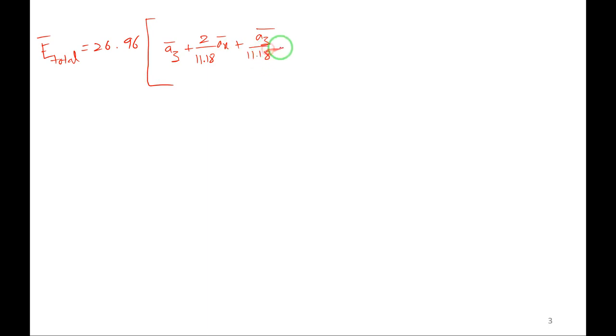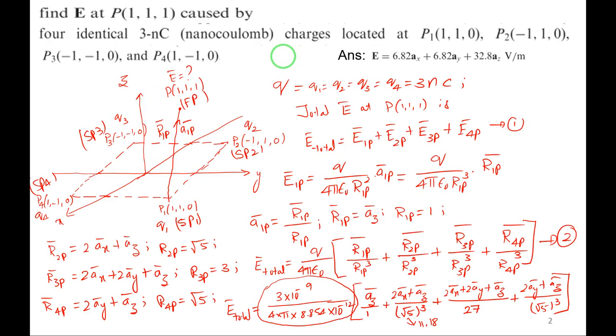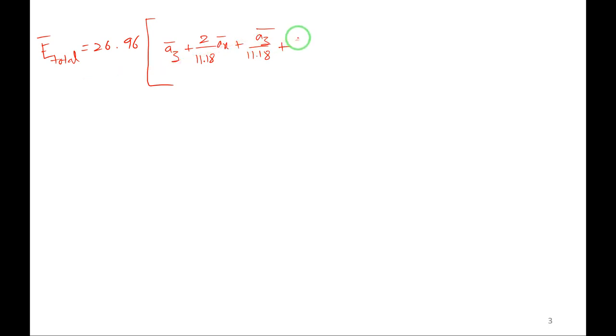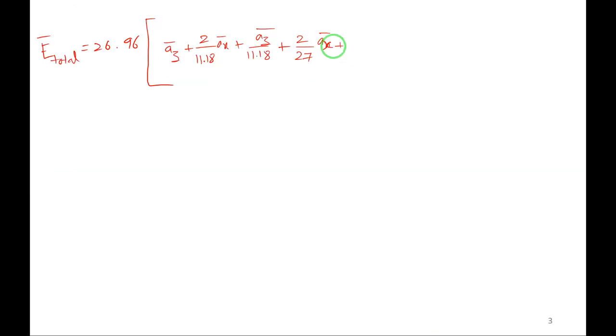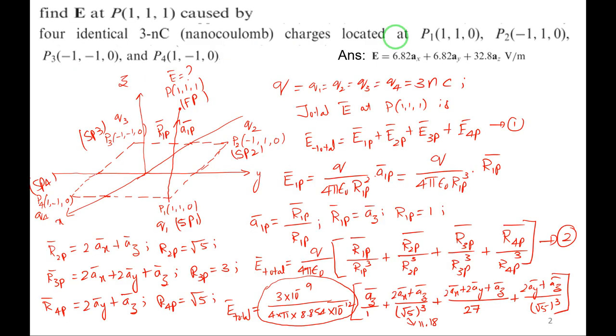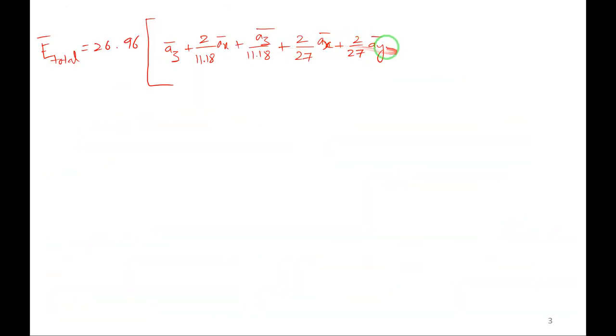Plus 2 by 27 AX, then 2 by 27 AY, then 1 AZ by 27.